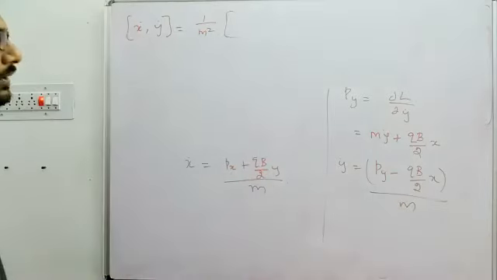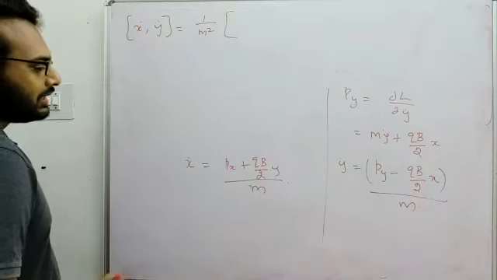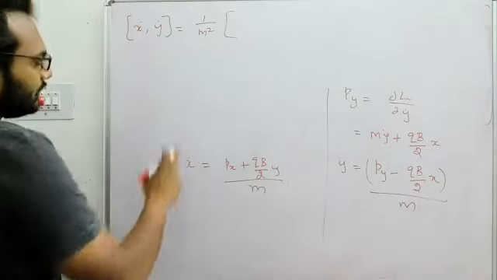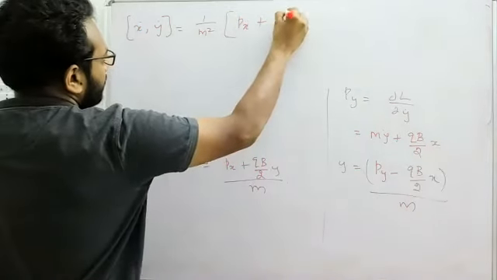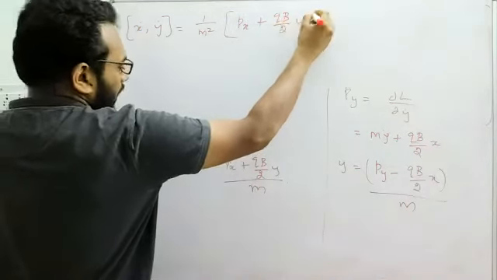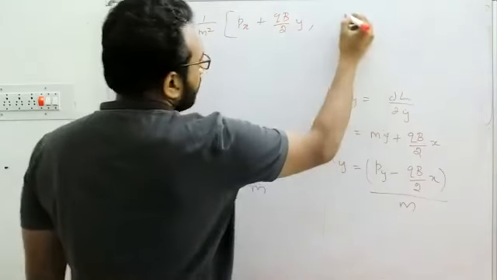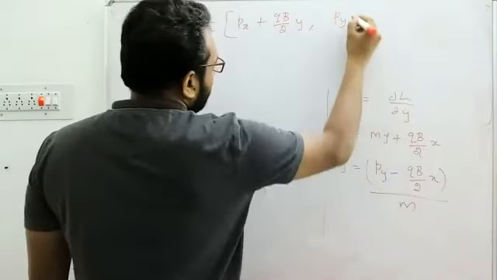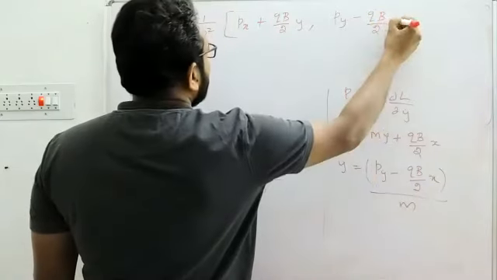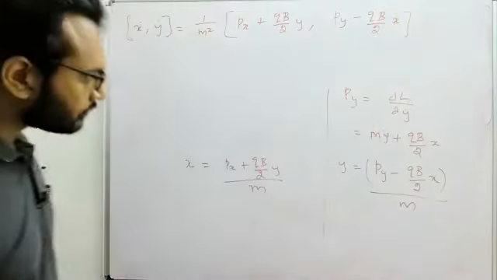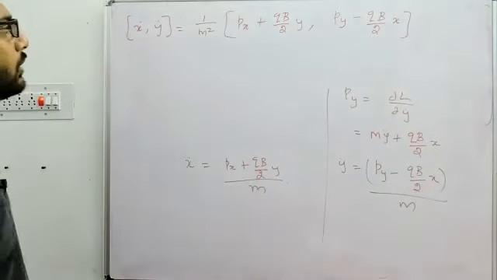You can pull it out of the Poisson bracket. We have given this as a property of the Poisson bracket. So it's 1 by m squared, the bracket of (px plus qB by 2y) with (py minus qB by 2 x).